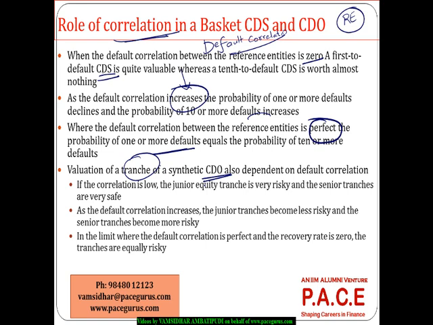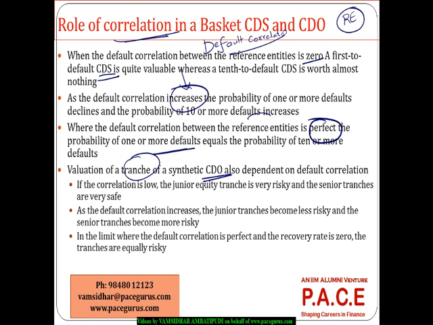But look, the default correlation is increasing. Now there is a chance that apart from the equity tranche, even the mezzanine tranche and even the senior tranche may absorb the risk, because if one defaults, many can default. If none defaults, others may not default, which means there is some chance that the equity tranche will really be beneficial.